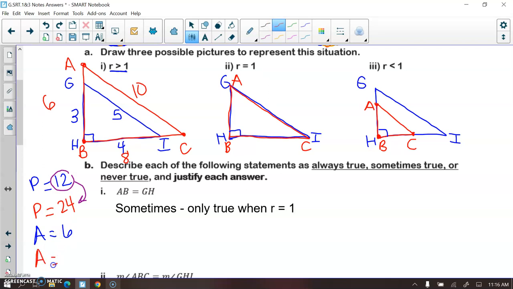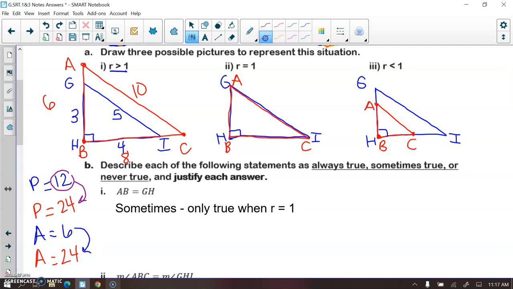And your area of triangle ABC is 1/2 times 6 times 8. So that would be 24. So if I take the area of my first triangle and multiply it by K, do I get the area of my second triangle? I actually don't. 6 times my scale factor of 2 does not equal 24.